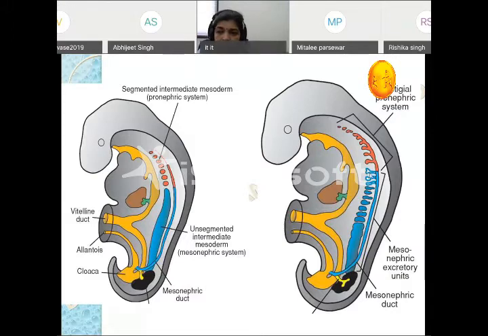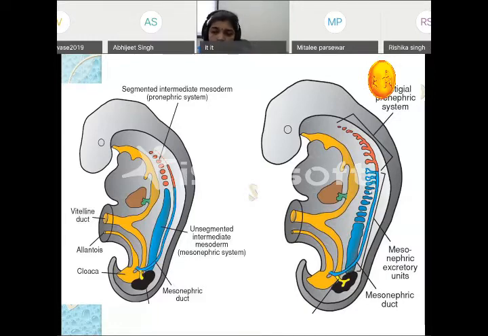What are these? Glomerulus and the mesonephric tubules. They open into this mesonephric duct. So this is a mesonephric duct where it opens, and this is nothing but the nephric duct. After opening, this is called the mesonephric duct, which ultimately opens downwards in the cloaca.